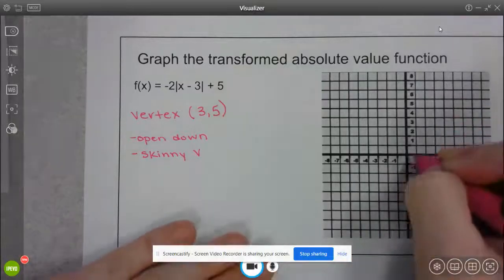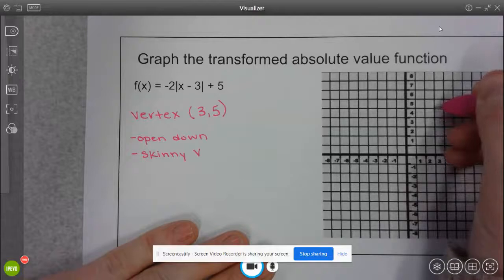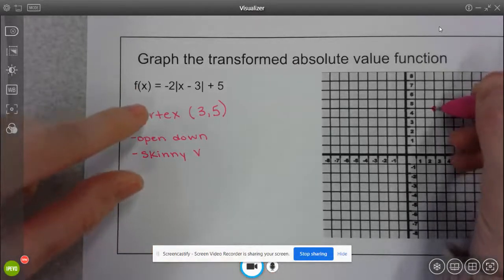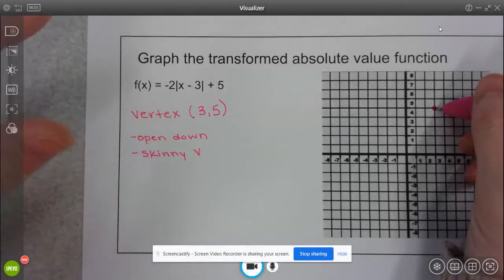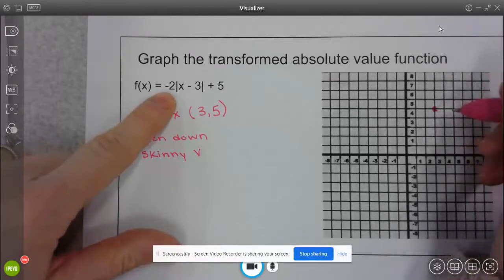So I'm going to start with my vertex. 1, 2, 3. 1, 2, 3, 4, 5. And I know that instead of having a slope of up 1 over 1, it's being stretched by 2, and it's opening down.